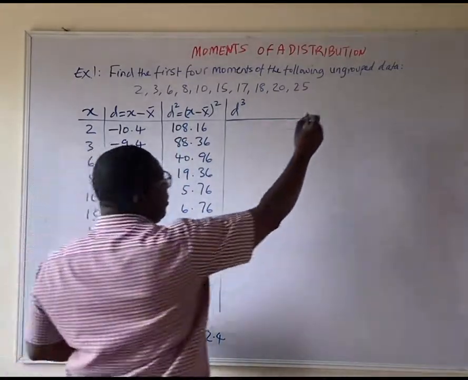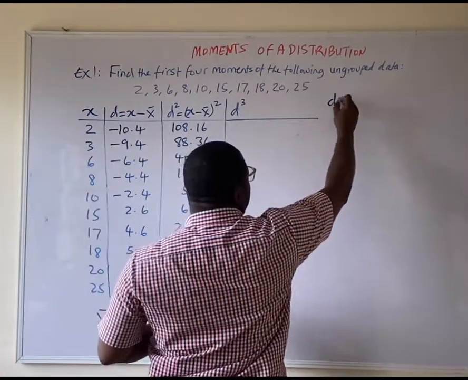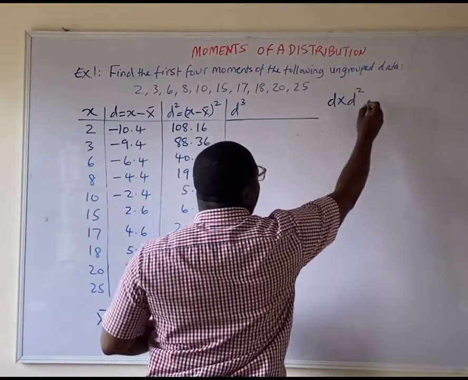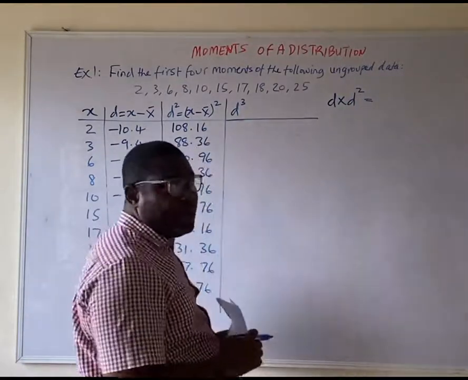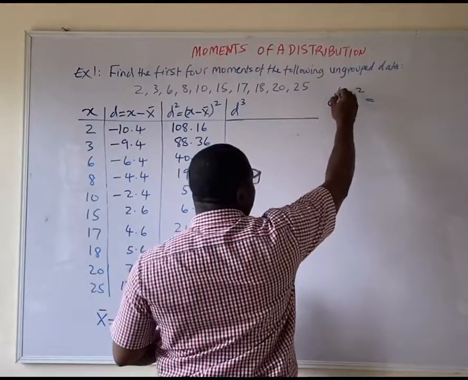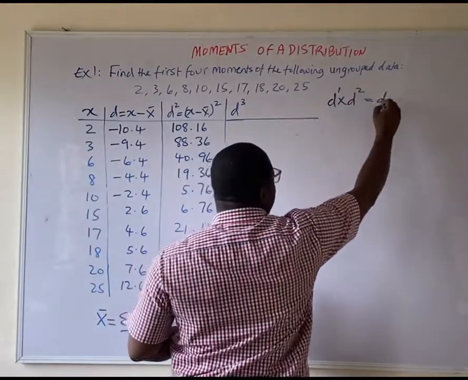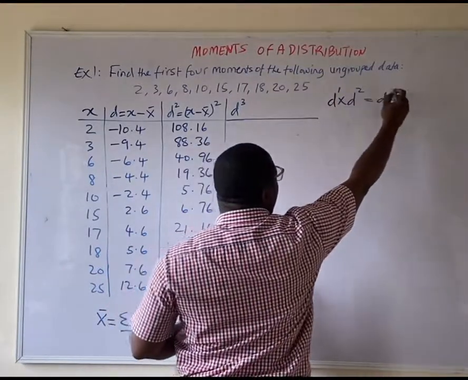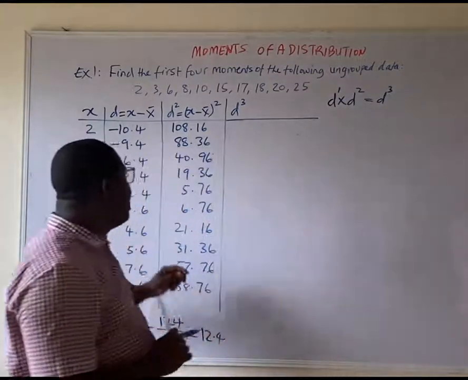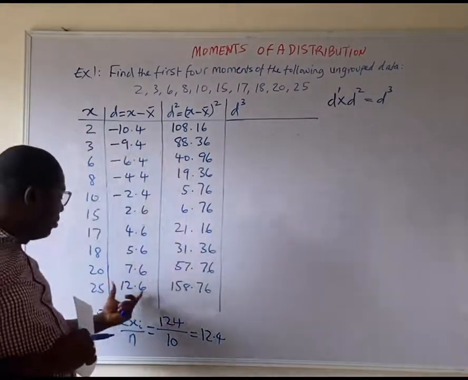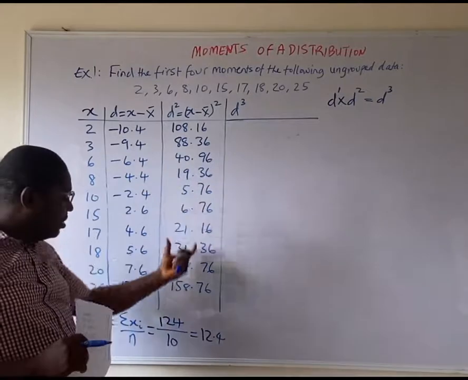Now look up here, if you have d times d raised to power 2, according to the law of indices, you have d to the power 1 plus 2, which gives us 3. That's why we will multiply these values against these values.